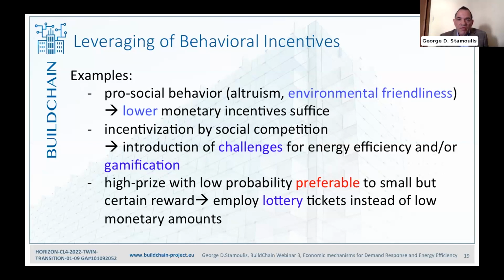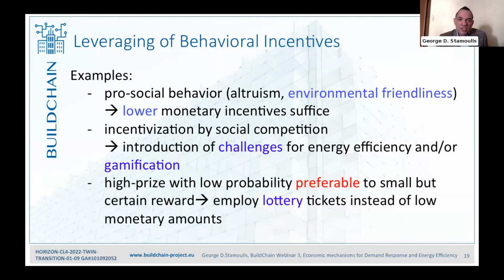For example, we can incentivize users who are altruistic or environmentally friendly by announcing that their own behavior will contribute to lower CO2 emissions, and such users will, as shown in our research, require lower monetary incentives when they are informed about the positive effect of their behavior on the environment.